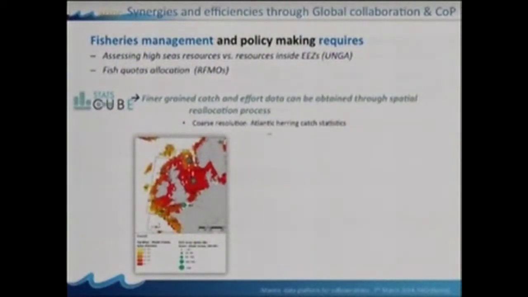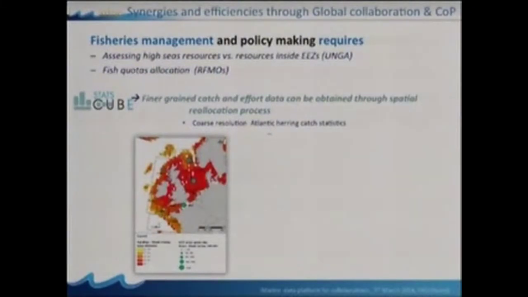I was saying that fisheries management and policy making requires assessing, for example, ICCAT resources versus resources inside EEZs. This was a request from the UN General Assembly to facilitate policy making at global level.